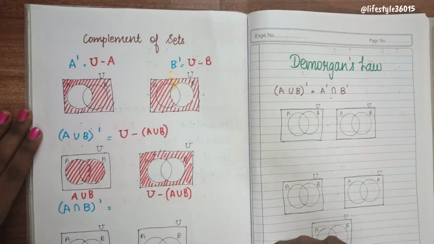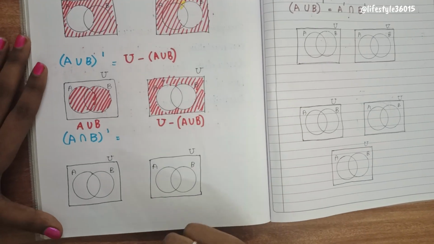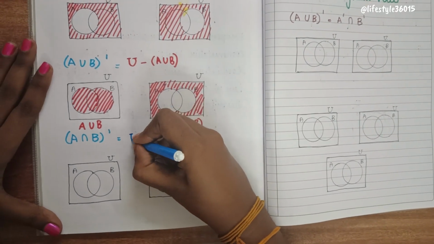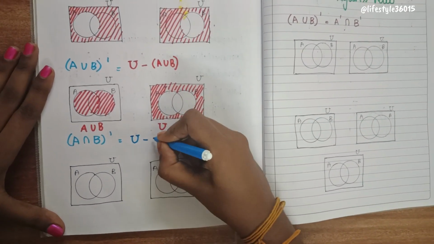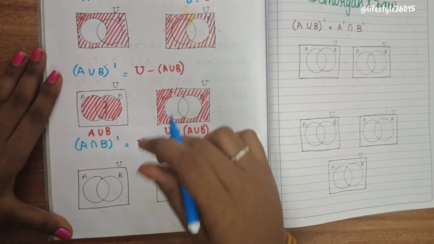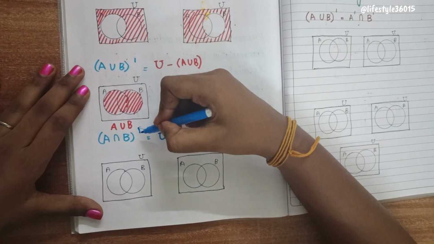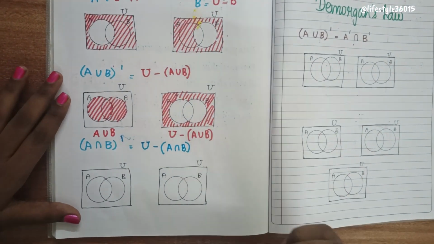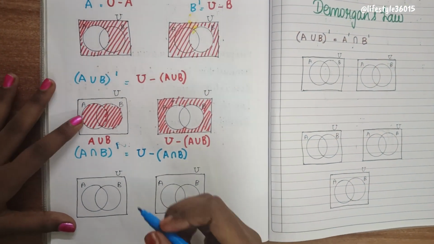Then you will get the correct answer. Now I will teach you how to do A intersection B the whole dash. The formula for A intersection B the whole dash is universal set minus A intersection B. Whenever you get a question with complement, you should subtract it from the universal set. That is the trick to remember these formulas.